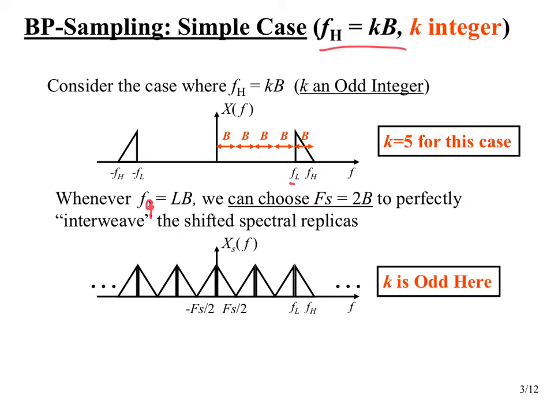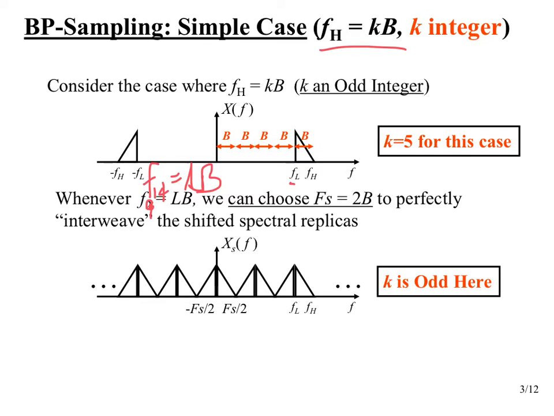I'm not sure what I'm referring to as F2 there. I think this is supposed to be FH is equal to K times B. I borrowed some notes and thought I had changed them all to the notation used in Proakis and Manolakis.